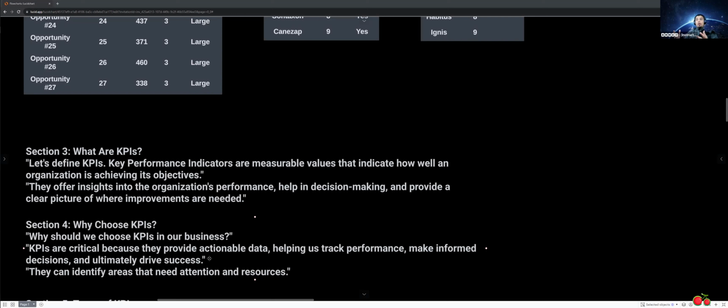So this is what all the reporting is all about. You are kind of a data engineer because you need to work with the data, you need to clean up the data, but at the end of the day, you need to provide accurate data to the decision makers, right? So by providing this kind of data, you will help the business to track the performance, make informed decisions, and ultimately drive success, because this is the aim of each company.